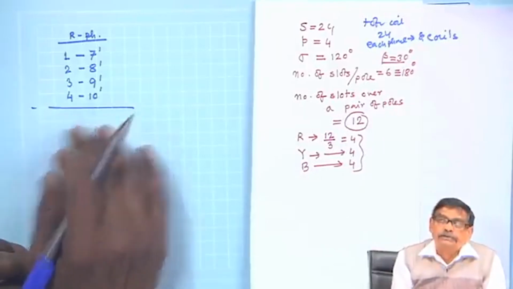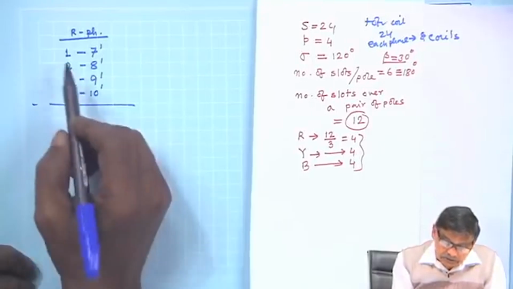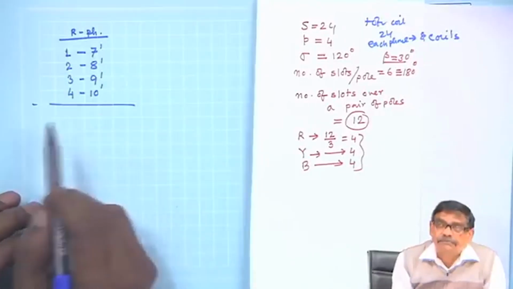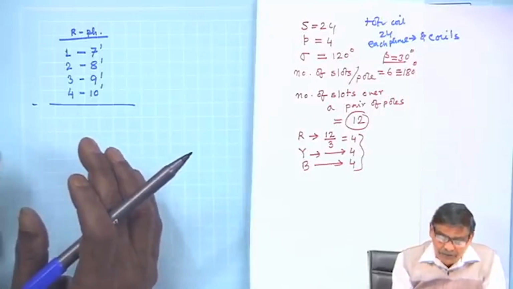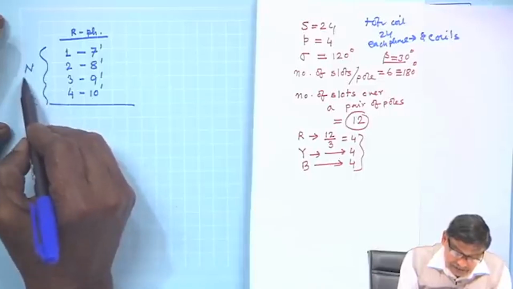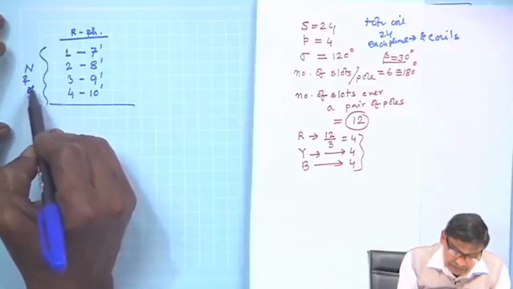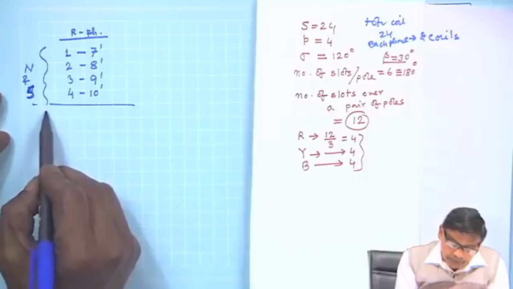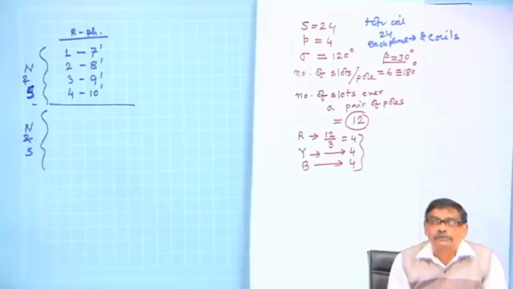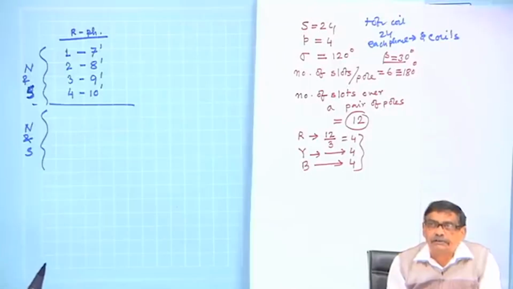Where from should I start? Should it be 1 plus 6, 7? No, 1 pole pair is over. So, this is one north and south. It is a 4 pole machine, and the next pole pair will be here, north and south, that is all.